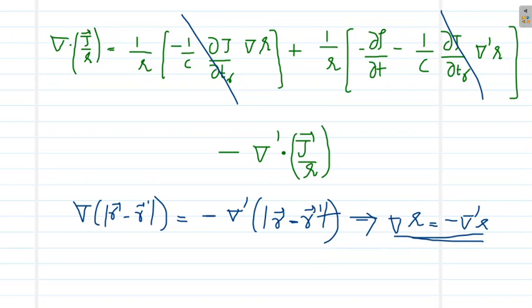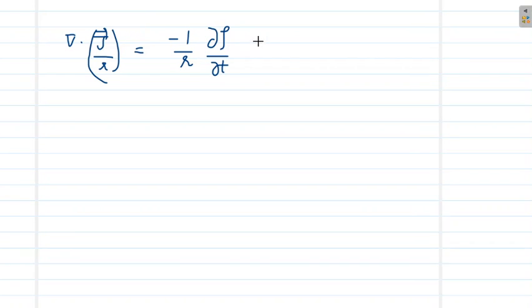So the remaining terms are simply del dot of j by r is equal to minus 1 by r into dou rho by dou t minus del dash dot of j by r.